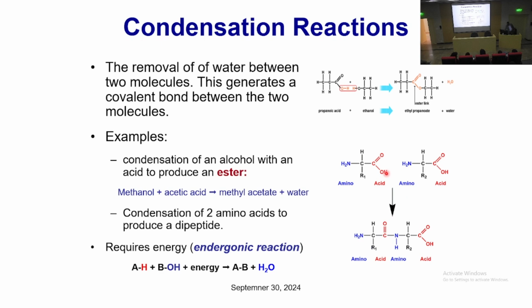Also here, the carboxyl group and the amino group lead to the production of what we call a peptide bond. The bond between two amino acids is called a peptide bond. So the peptide bond here is also produced due to a condensation reaction.